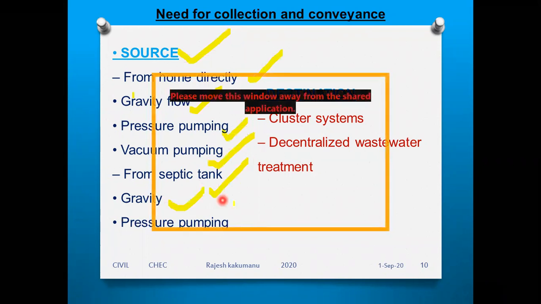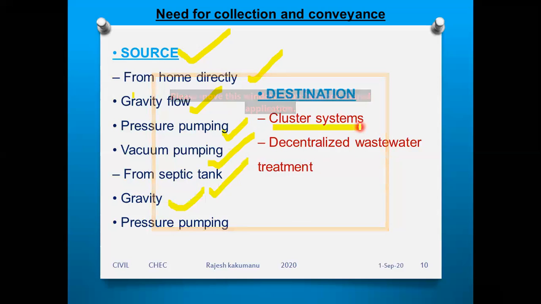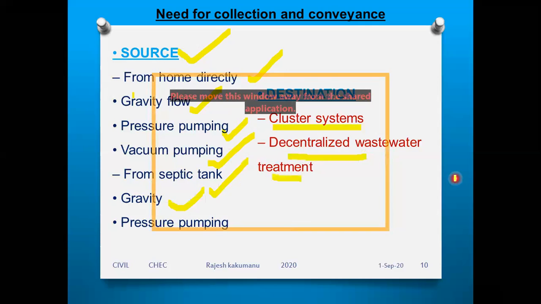So like this, we have various sources where the wastewater is collected. Then where is it going? The destinations are cluster systems and decentralized wastewater treatment plants. Once it comes from here it goes to the cluster systems, meaning mixing at one place, and decentralized wastewater treatment. So these are the destinations where the sewage wastewater is going and being dumped.